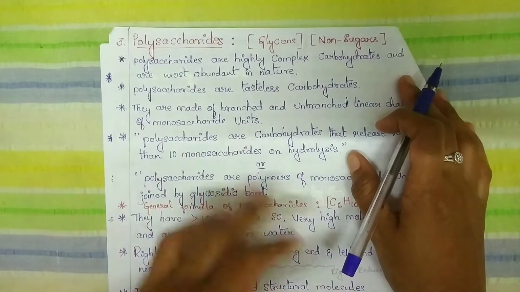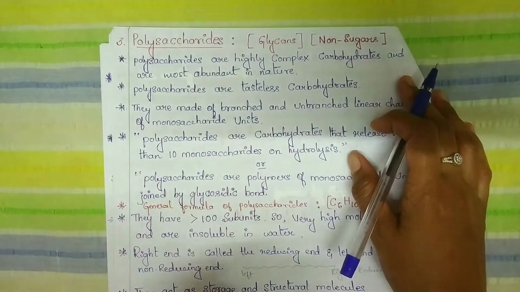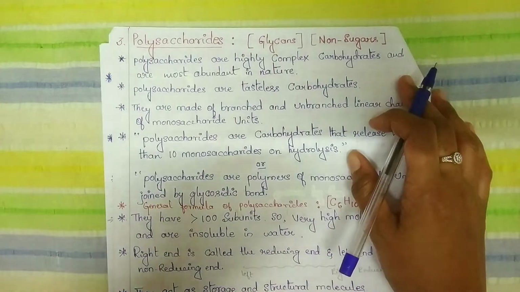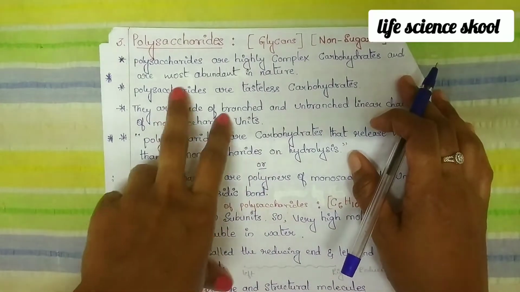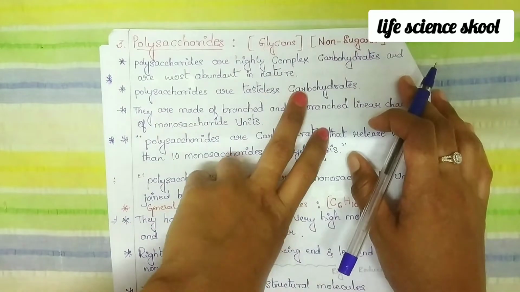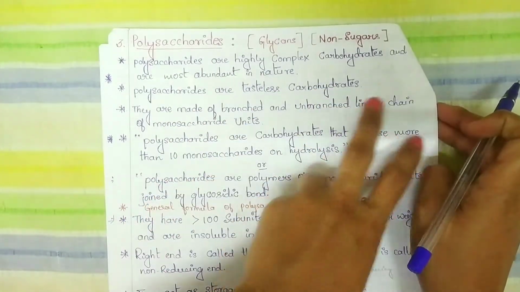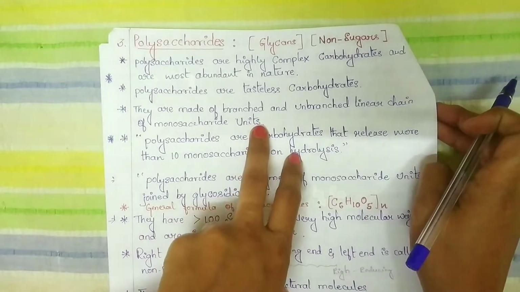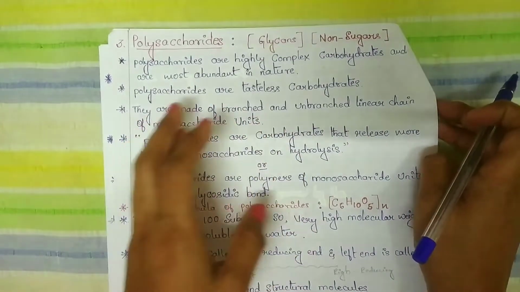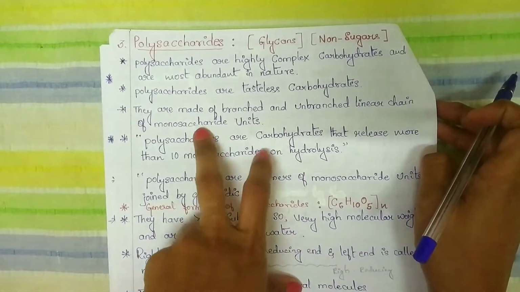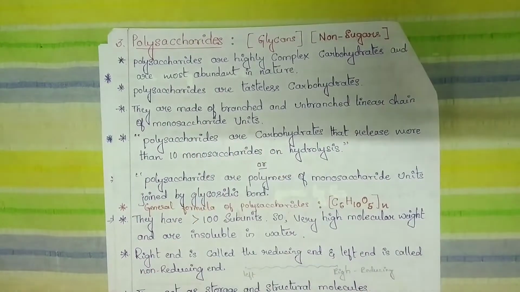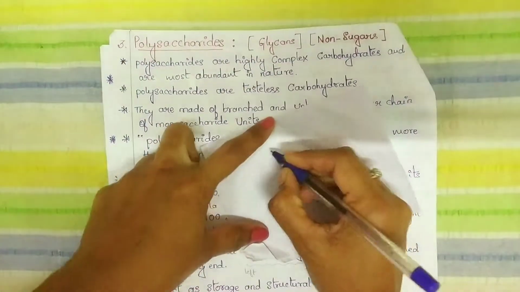As I used to mention, monosaccharides are sweet in taste, but polysaccharides are tasteless carbohydrates, and they are made up of branched and unbranched linear chains of monosaccharide units, like this. I am just drawing a rough diagram to help you understand.